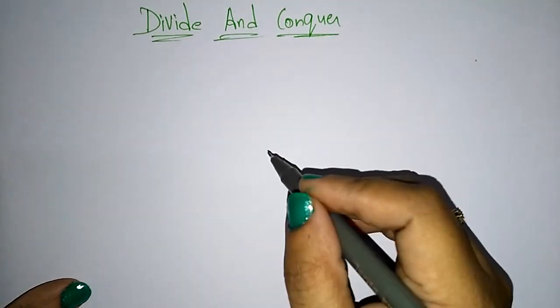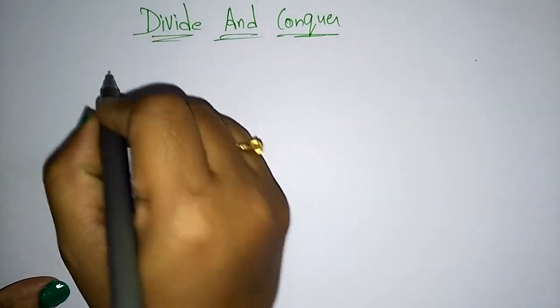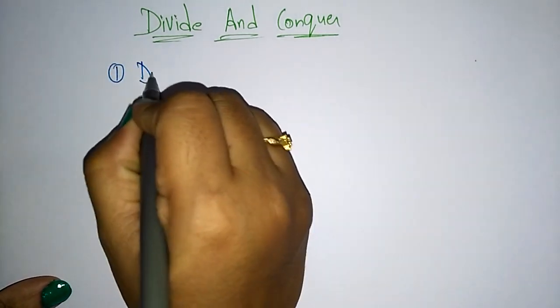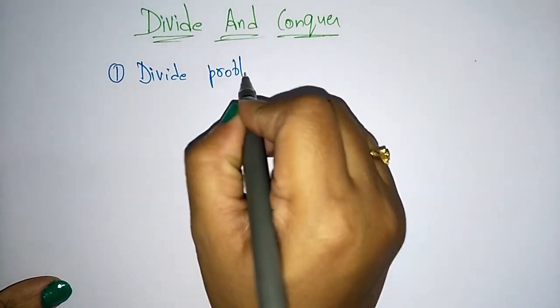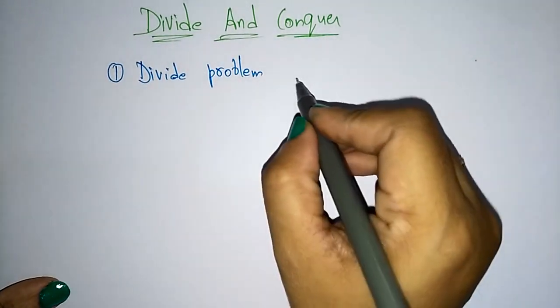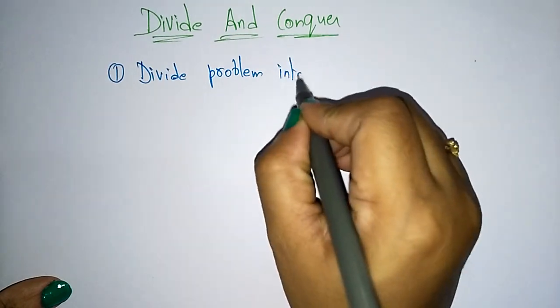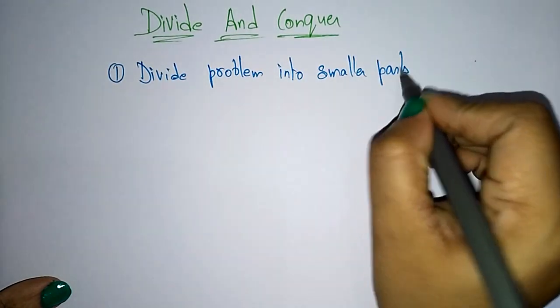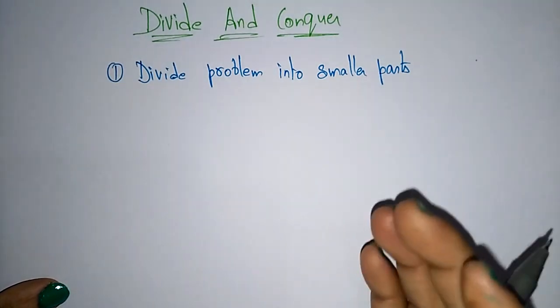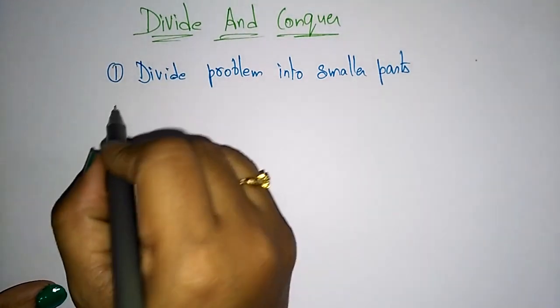So what are the steps involved in divide and conquer? First, we have to divide the problem. Whatever problem we have taken, first you have to divide that problem into smaller parts. Say you have taken some array and you divide that array into smaller parts.